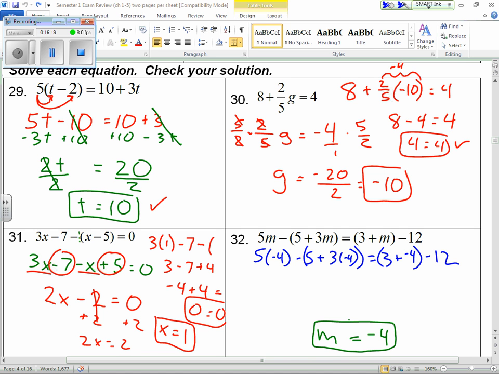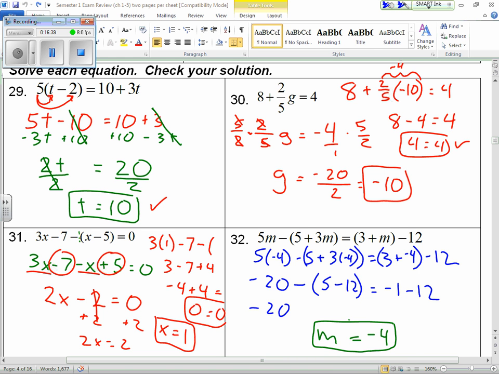All right, that's negative 20. That is minus 5 minus 12. That's negative 1 minus 12. Okay, that gives me negative 20.